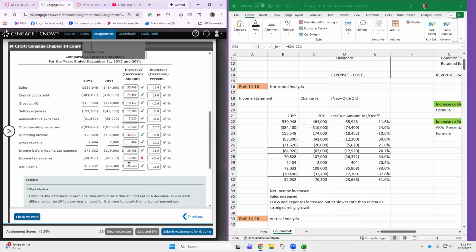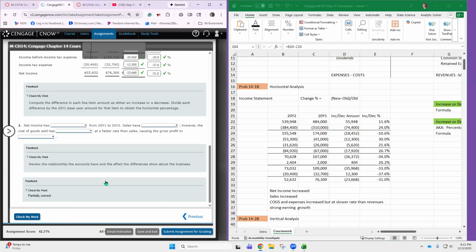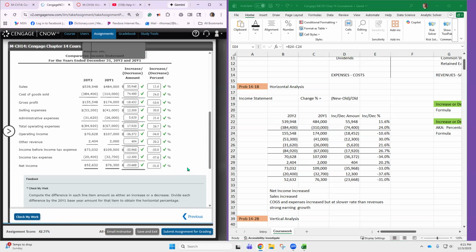And then this last one, our income taxes actually went down. Okay, so you have to be careful when you're doing expenses because you can get them mixed up. Now, I've got them going in the right direction over here.